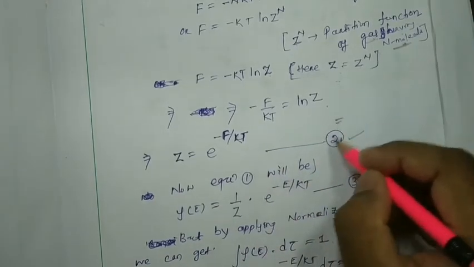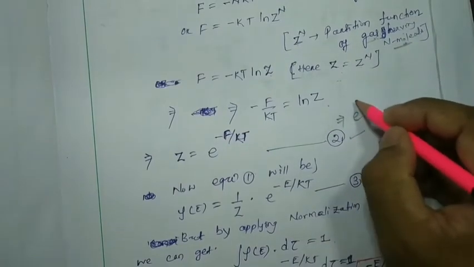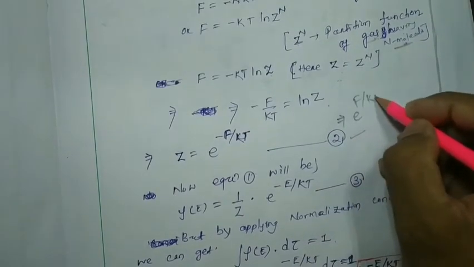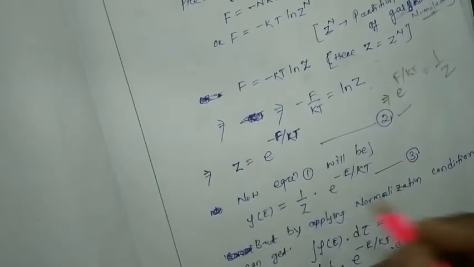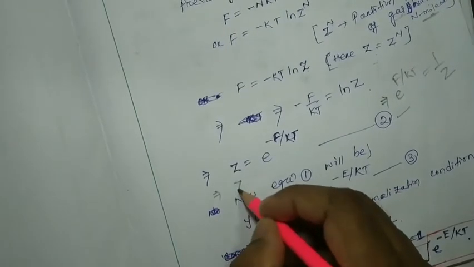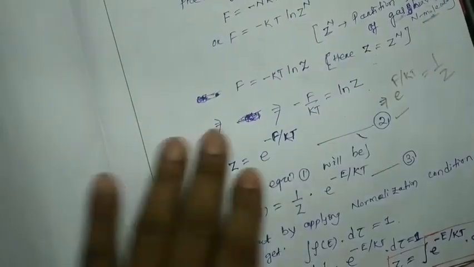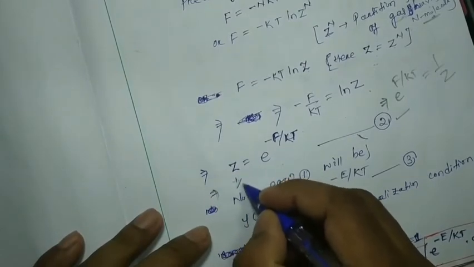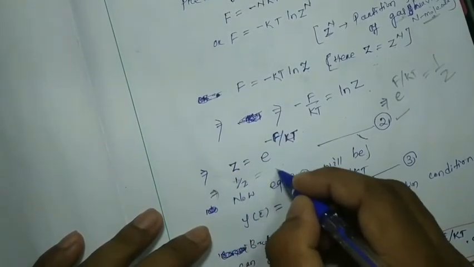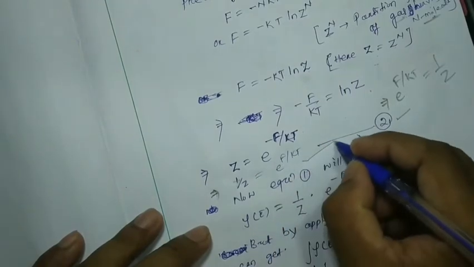That implies from equation number 2, e to the power f by kT will be 1 by z, correct? Here I did not write it, you can also write here. That implies we can write 1 by z as nothing but e to the power plus f by kT, also your equation number 2.